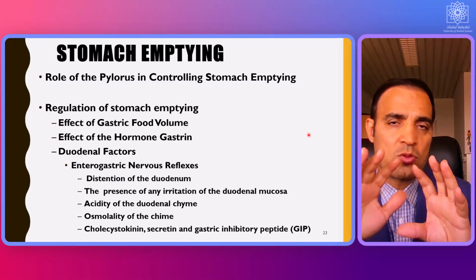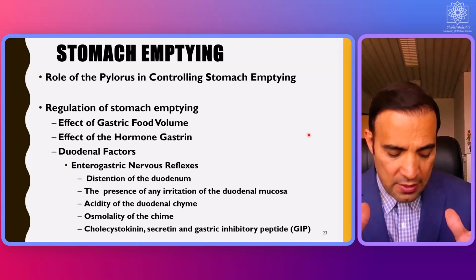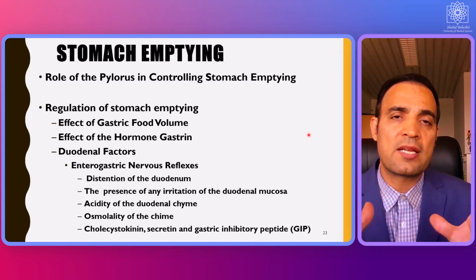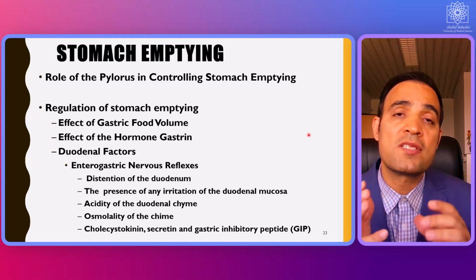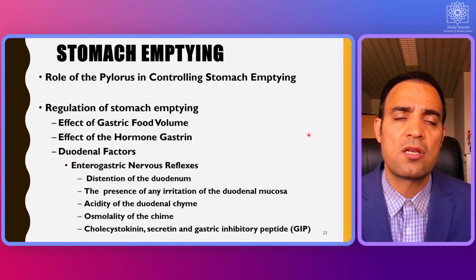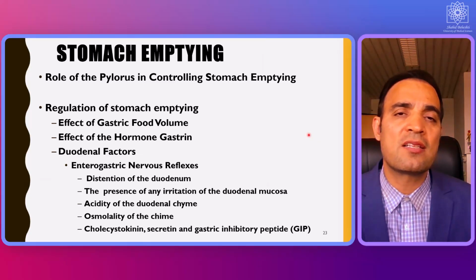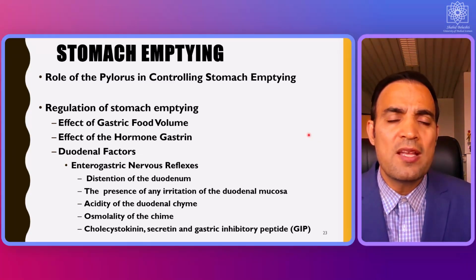But here I'm just talking about the emptying and stomach contraction. But you should know that cholecystokinin, secretin, gastric inhibitory peptide, and several other factors are regulating the contractility of the stomach, as I told you.